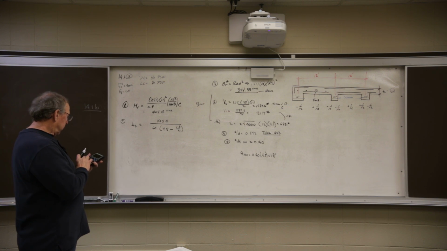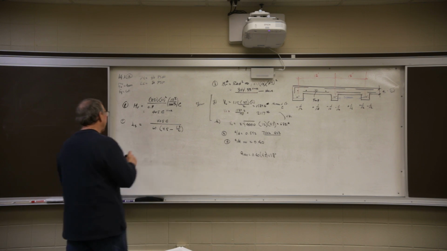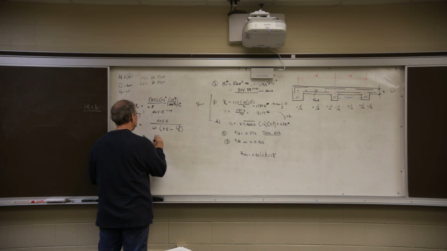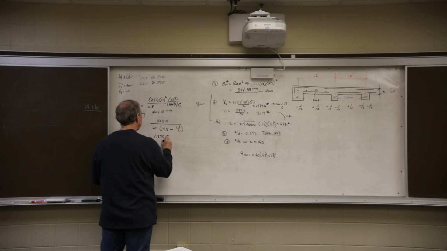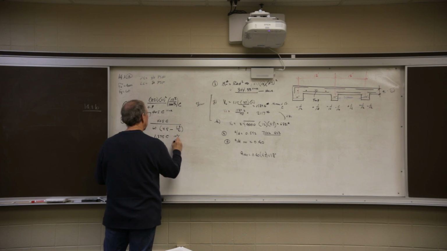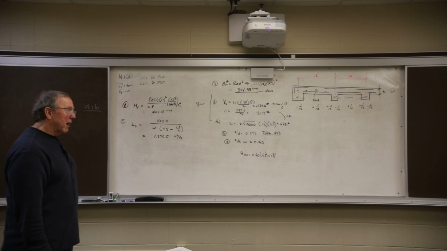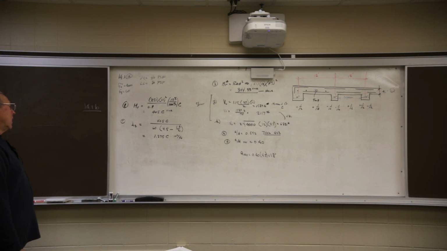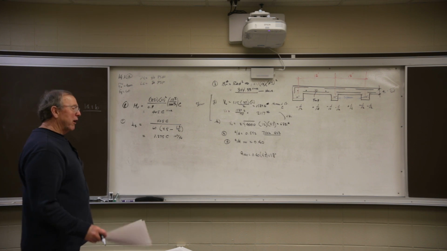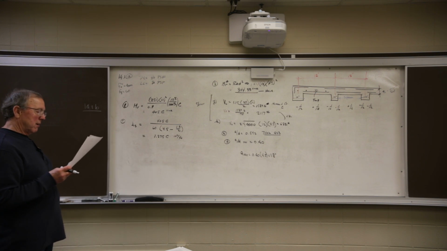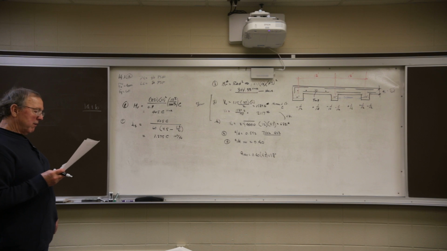Flip that over and multiply it by 405. 1.88. There's the amount of steel I need right there: 1.875 times C square inches per foot. Now you have the area of steel in terms of C.